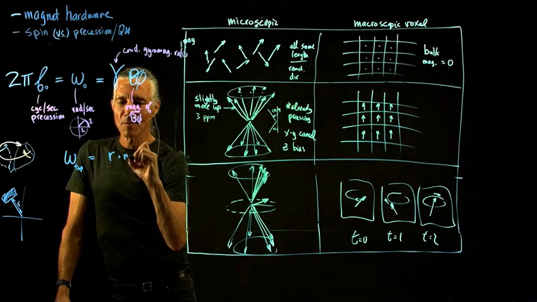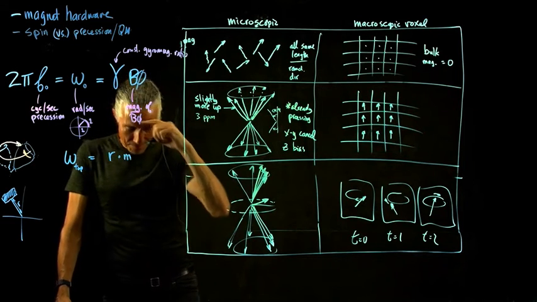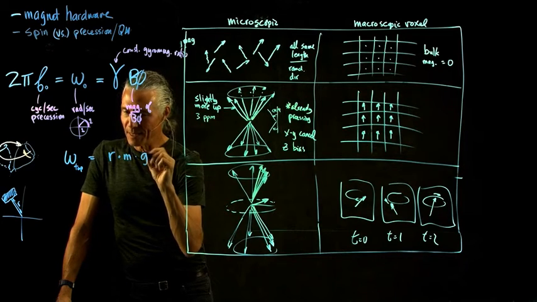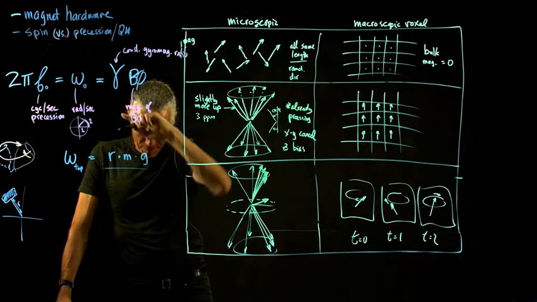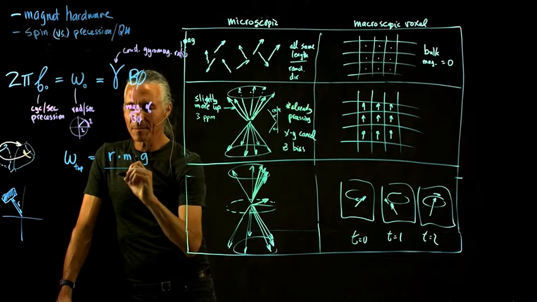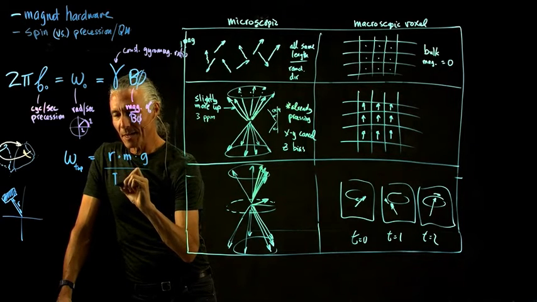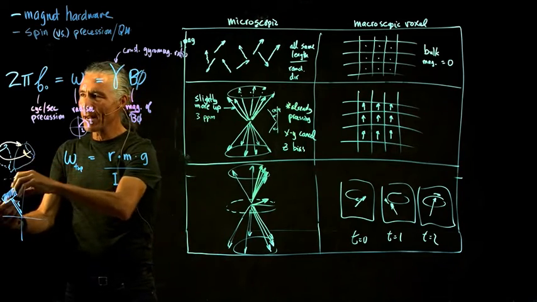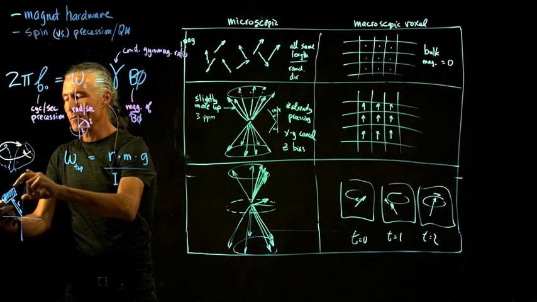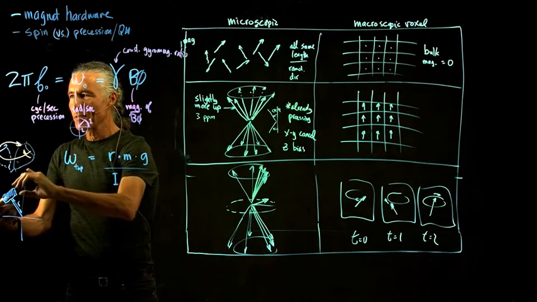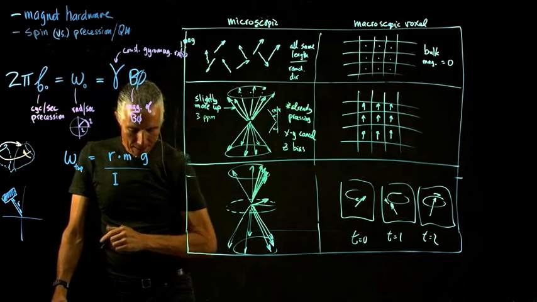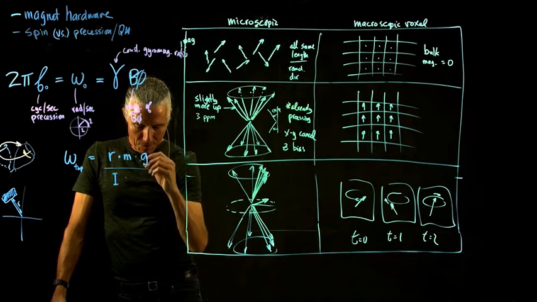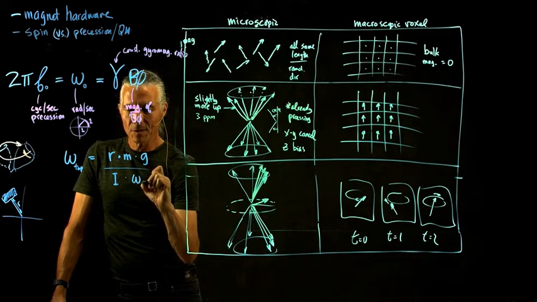How much does it weigh? The gravitational constant, that's the thing that's like the B0. And then we have to divide it by the angular momentum. The angular momentum is going to be the moment of inertia. That's kind of how spread out the top is. It'll be different if you've got a spread out top versus a really compact top. And then finally, the spin, the actual spin. So here's the rate of spin of the top.